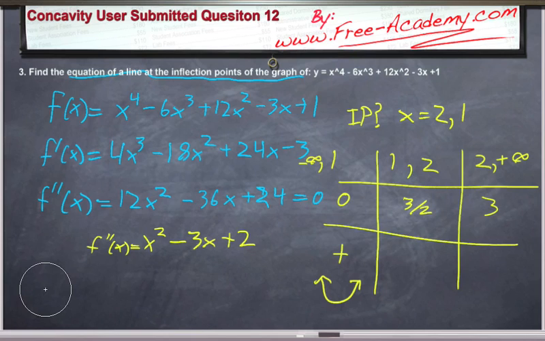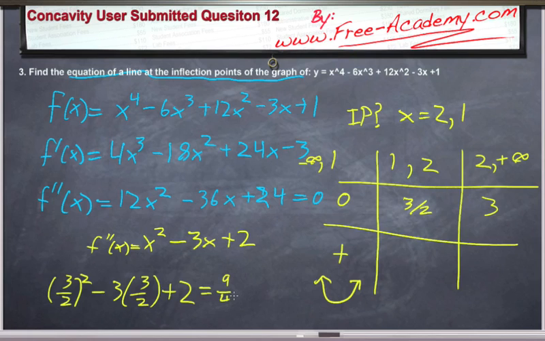Now let's evaluate it for 3/2. This will be 3/2 squared minus 3 times 3/2 plus 2. This is going to be equal to 9/4 minus 9/2 plus 2. 9/2 is the same as 18/4.